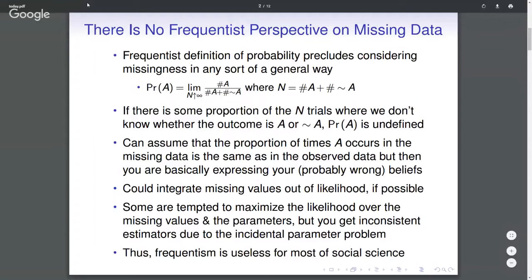If you have missingness on the income variable, if you imagine yourself getting more and more observations, you're going to get more and more missingness on your income variable. And so treating the unknown values of income as parameters and choosing the values of it to maximize the likelihood, numerically speaking, it can be done.